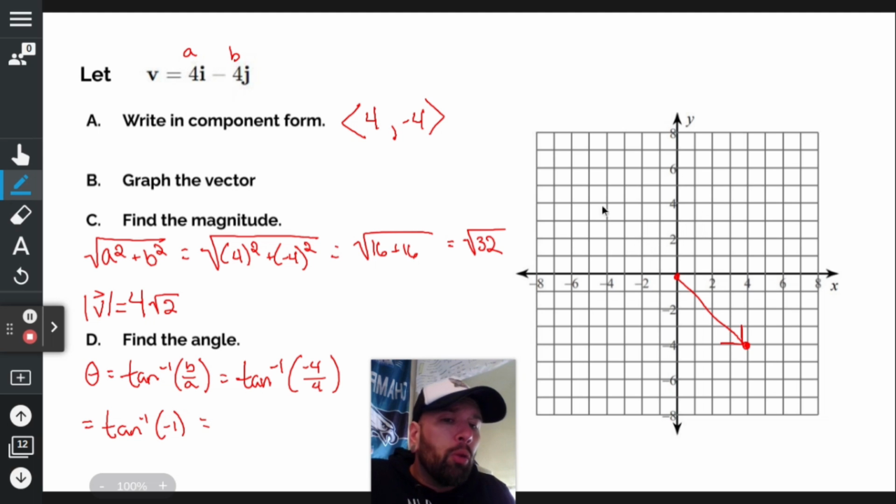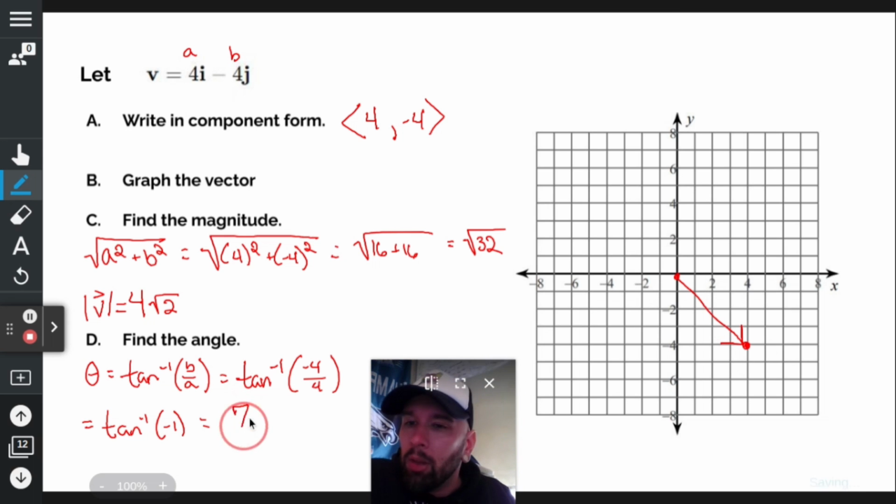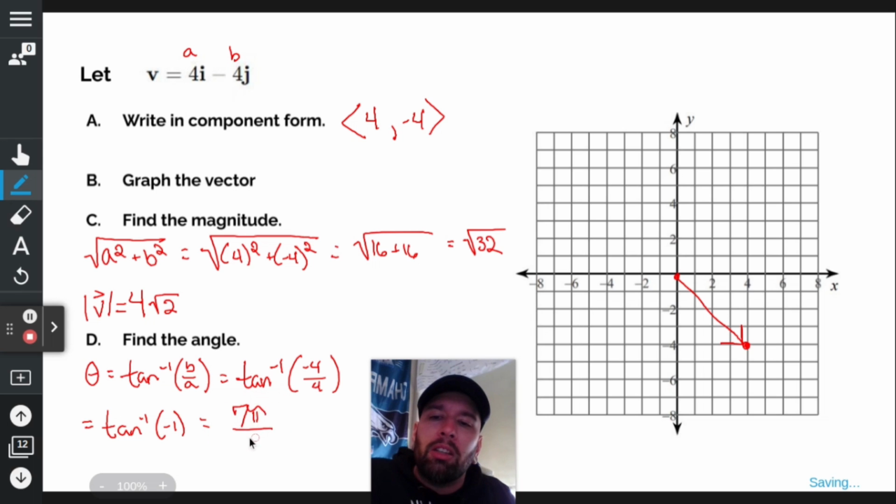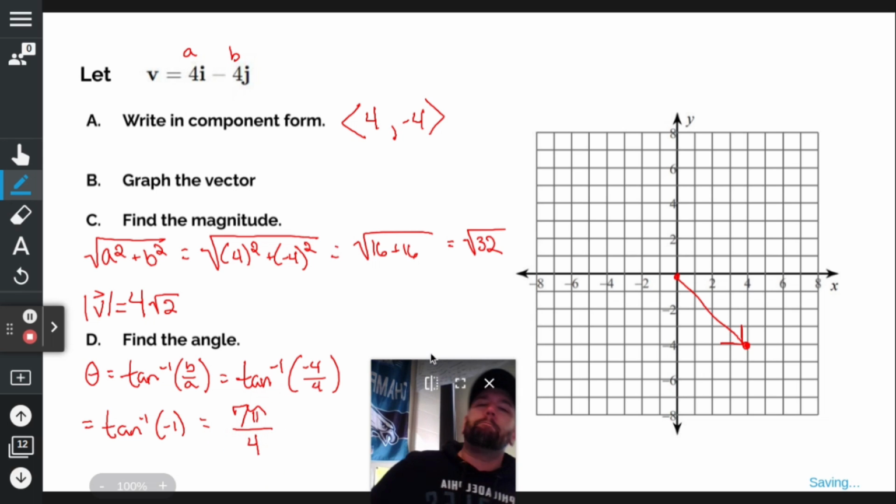If you were to throw this in a calculator, the calculator would say something to the effect of 3 pi over 4. It's not the guy we want. The guy that we want is 7 pi over 4. It's 7 pi over 4 because we live in quadrant 4, because that's the direction that we're going. So the angle is going to be 7 pi over 4. Okay?